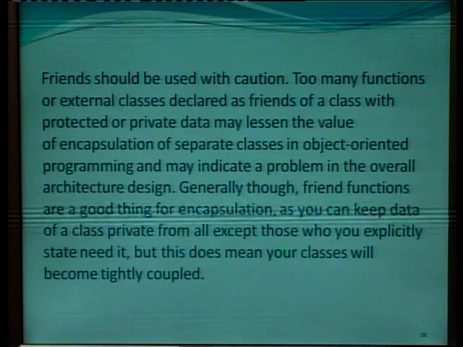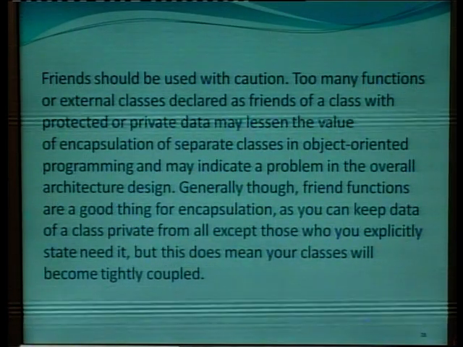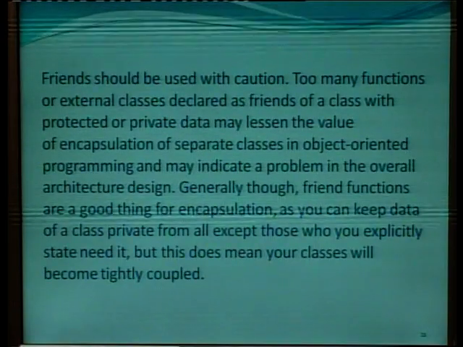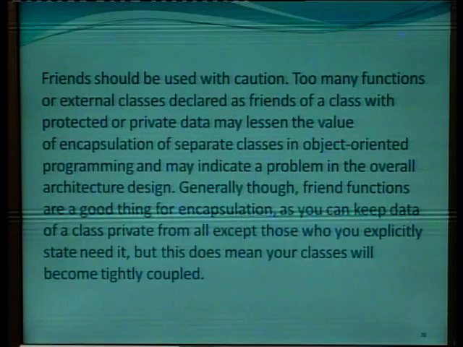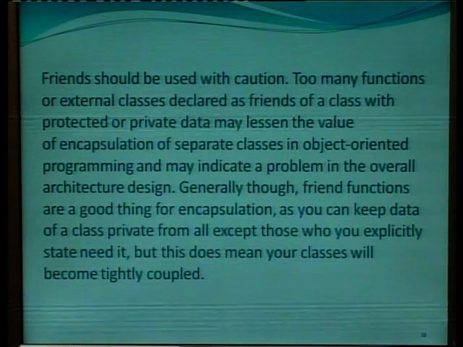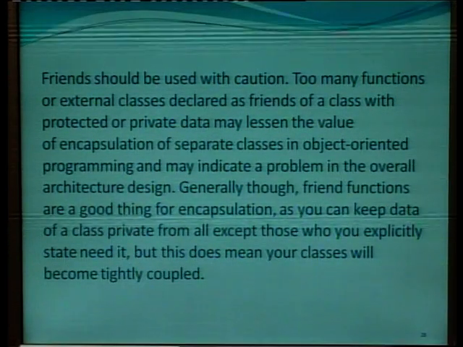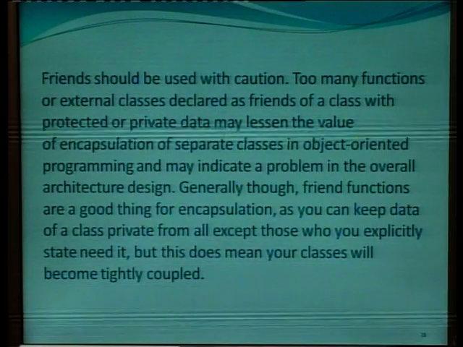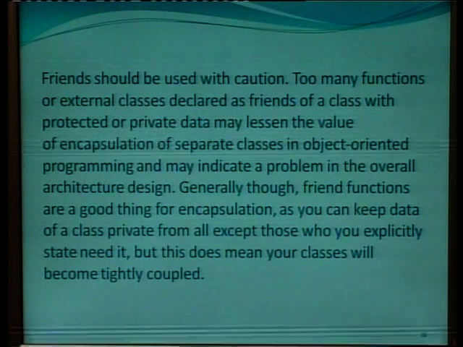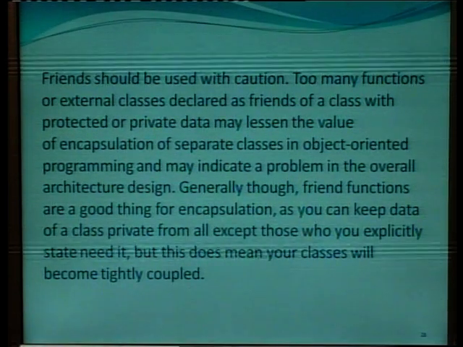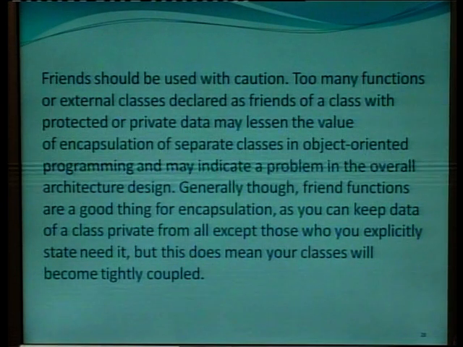Generally, though, friend functions are good things for encapsulation, you can keep data of a class private from all except those who explicitly state they need it, but this does not mean your class will become tightly coupled.